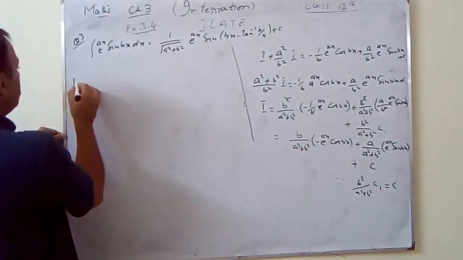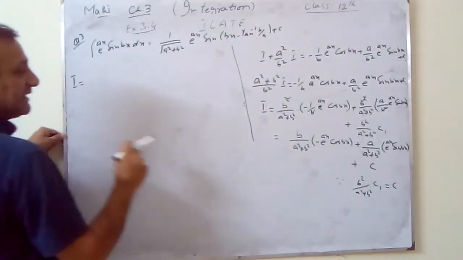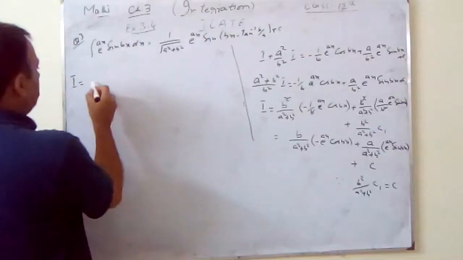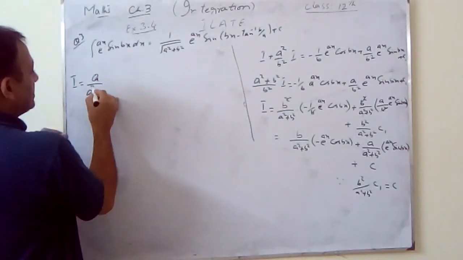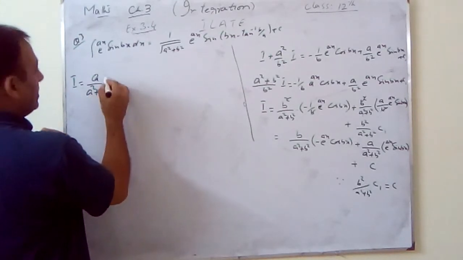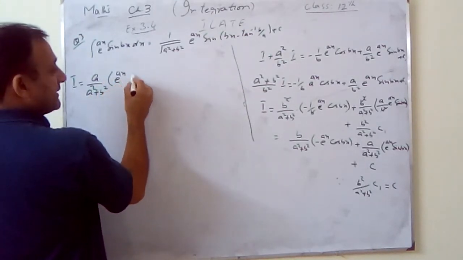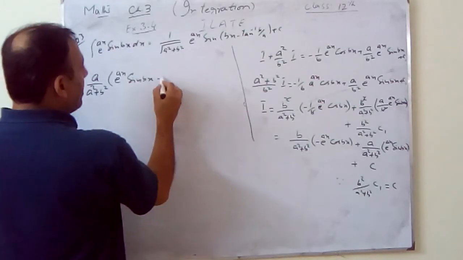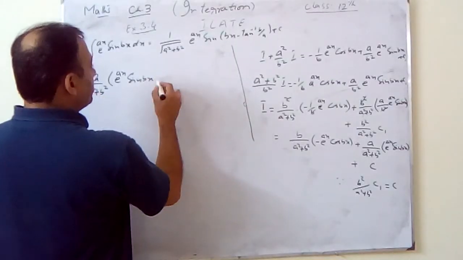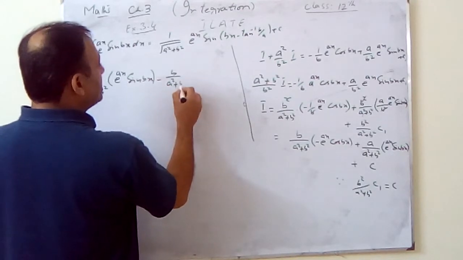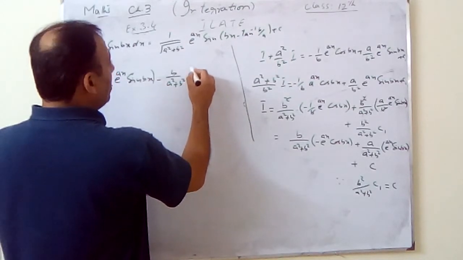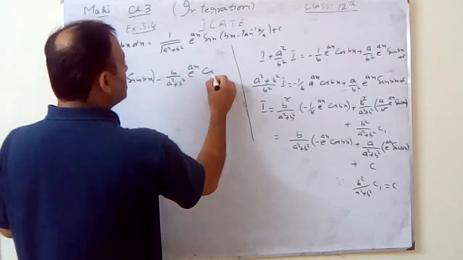This may also be written as I is equal to, I am writing this value first, a over a square plus b square into e power ax sin bx plus minus b over a square plus b square e power ax cos bx.